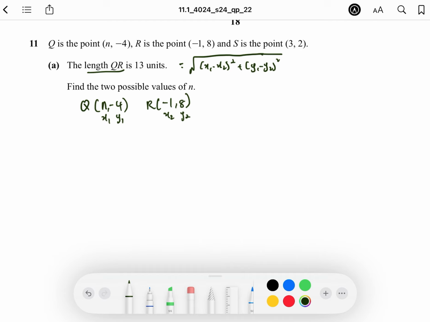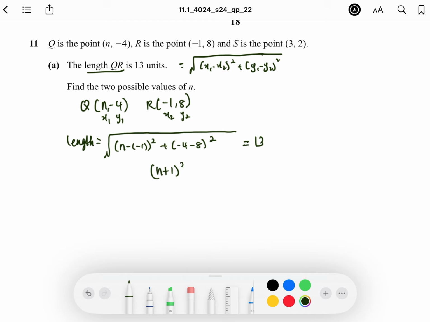So finding the length equals the square root of (n minus 1) square plus (-4 minus 8) square, and this equals 13. Simplify it.